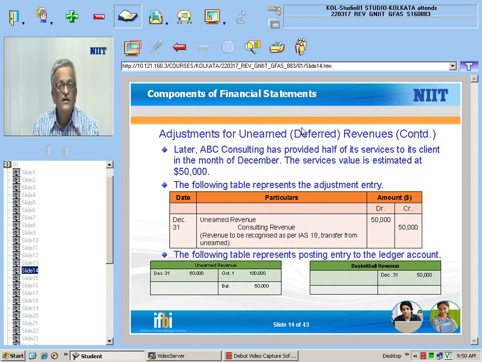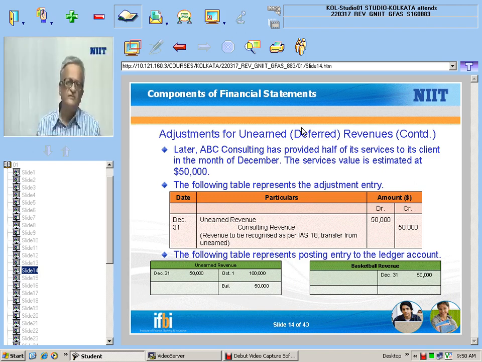Please remember, only 50% service has been provided. So debit unearned revenue liability account 50,000, credit revenue account 50,000. The unearned revenue liability account balance of 50,000 still remains. Only when the remaining service is given can the remaining 50,000 be taken to your income account.